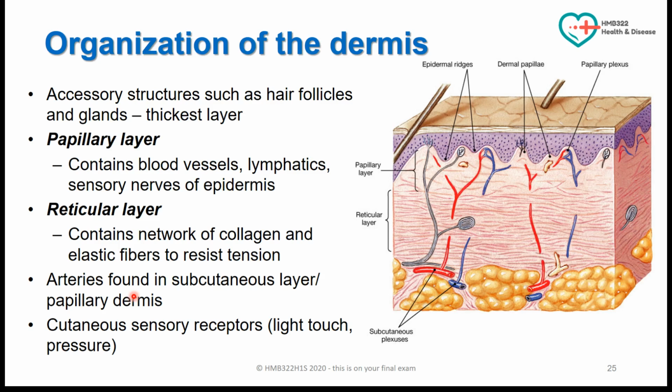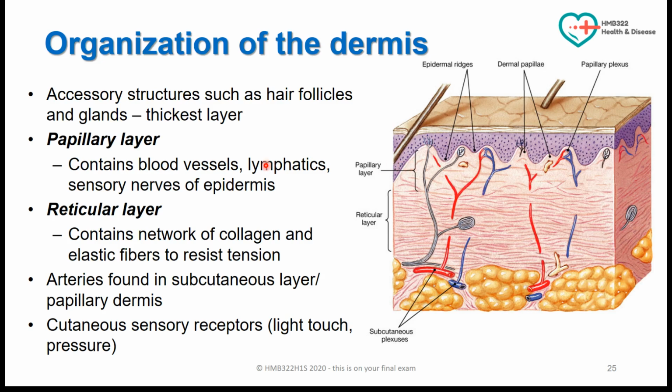So again, just to make sure that we're all on the same page, the other layer below the epidermis, so inferior to the epidermis, is this dermal layer. We can further subdivide the dermal layer into the papillary layer and then the reticular layer, also highlighted for you here.